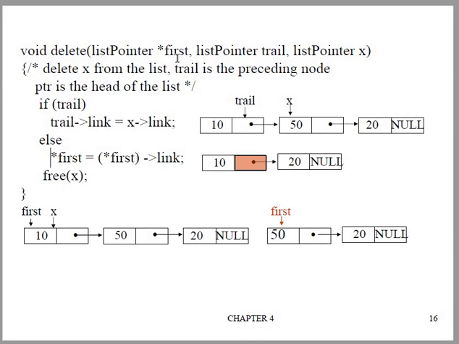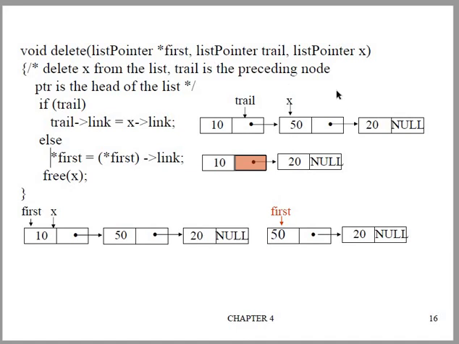For the delete function, the first node pointer will be passed, the trail pointer, and the x node address will be given. We want to remove the node x, and the preceding node address is the trail pointer. If trail exists, then what you have to do is trail link equal to x link.